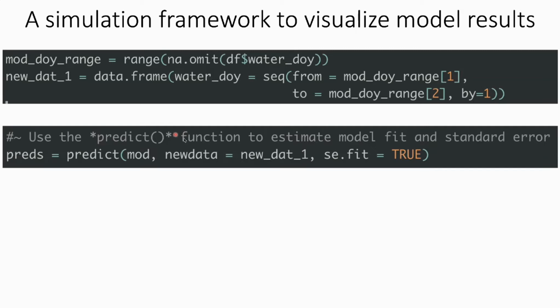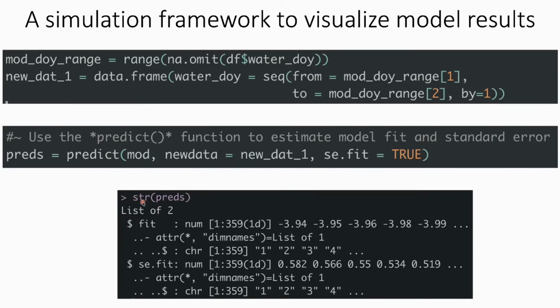We then take this data frame and we plug it into our predict function where we say we want to predict our model, and we want to use this new data frame called new.1, and we want the model to show us not only the mean model prediction or the fit, but we also want to get the uncertainty around that fit. So we can use the str function, which asks R to give us the structure, and it is a list that consists of two elements within it, or our prediction and the uncertainty around that prediction.